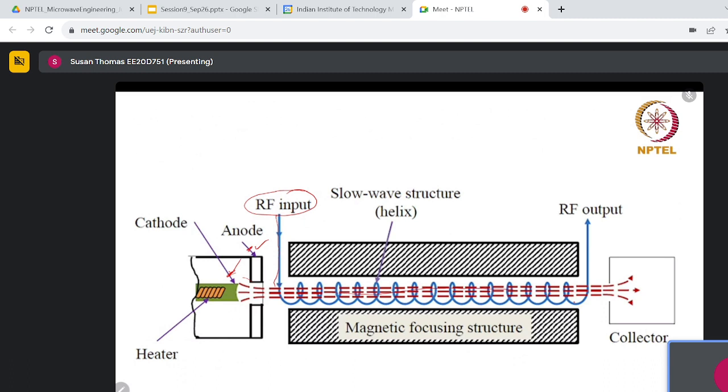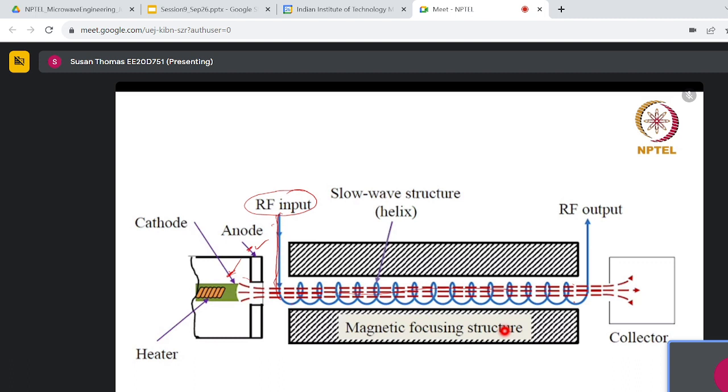So that is the closed field. You see the electron beams are going to pass like this axially, and this will have a field. The magnetic focusing structure is there, and then this slow wave structure or the helix will make sure that the velocity of the electrons is slowed down.